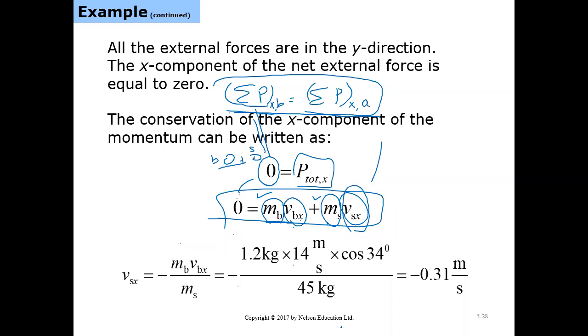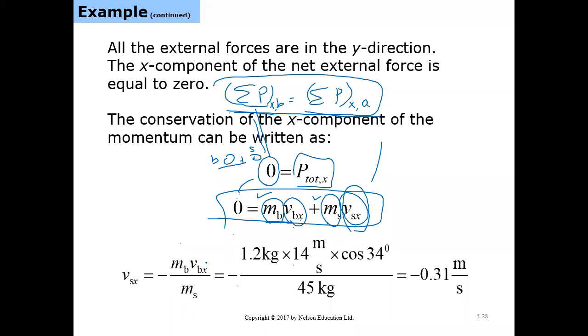It's called the recoil. So that is what we are doing here. Total momentum before is 0 because the bottle has 0 velocity and the skater has 0 velocity in the x direction. Afterward, they will have velocity, so they will have momentum.